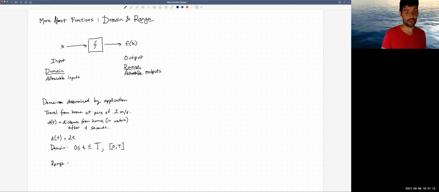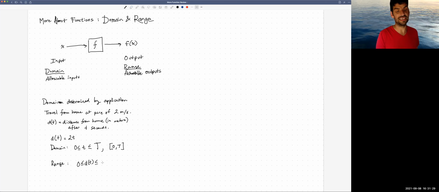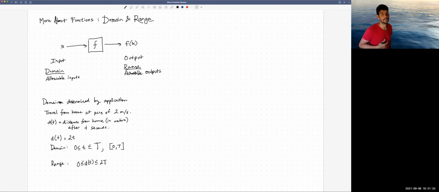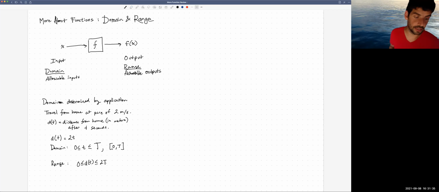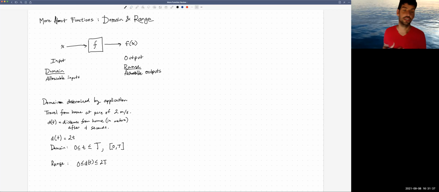Well, it's pretty easy to determine in this case. When t is at a minimum, the minimum d of t can be is 0, and then after capital T seconds I will be 2 times capital T meters away. Okay, that one's pretty straightforward to determine.